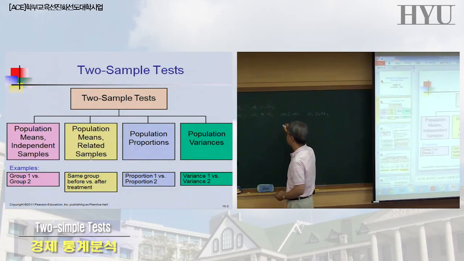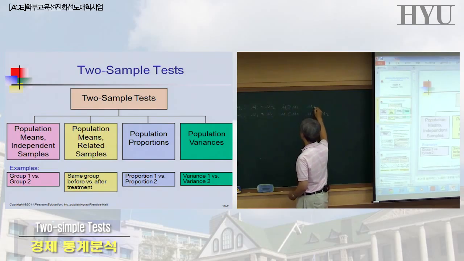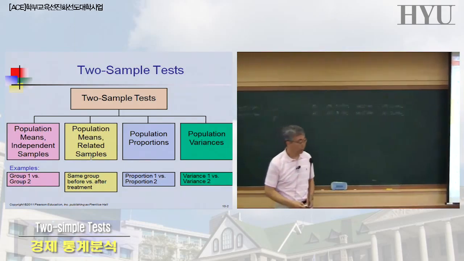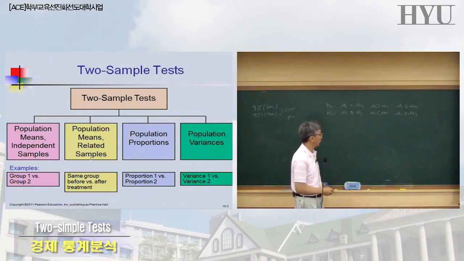Then, of course, the corresponding null hypothesis will be mu1 is greater than or equal to mu2, or mu1 is less than or equal to mu2, okay? So depending on the context of the problem, you can run a one-tailed test or two-tailed test, just like before, okay?